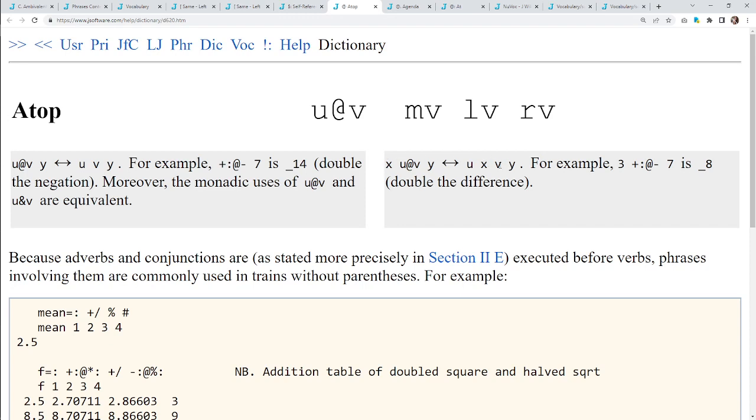Y gets applied to v. The whole thing gets applied to x, but if x is a noun, what does it mean? I don't know. Well, we can look at it here. Okay. So what we're saying is this is going to expand to double 3 atop minus 7.